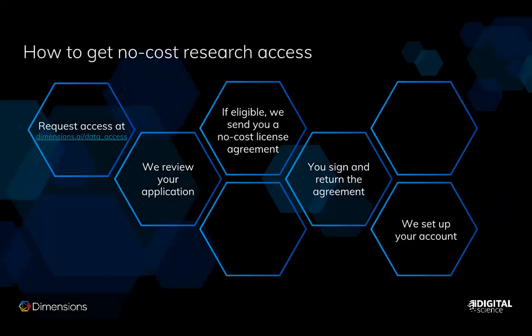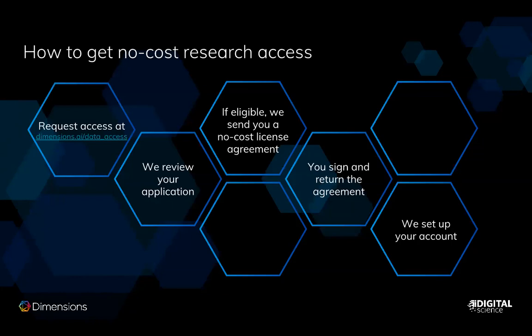This is what the process looks like to getting no-cost research access. So you would fill out a form, we would review your application, and if you are eligible, we would send you a no-cost license agreement. You would sign and return that agreement, and then we would set you up with your account. And this is all fairly straightforward. We might come back to you at certain points to ask you more questions about your project, to get clarification on who your collaborators are, things like that.